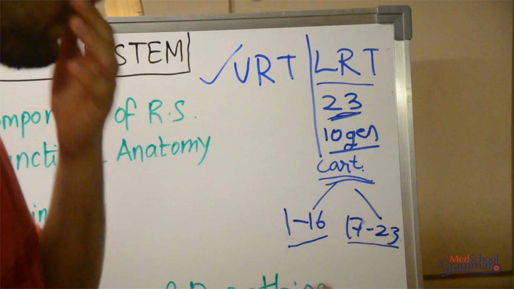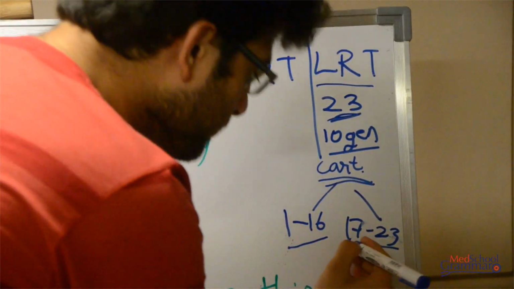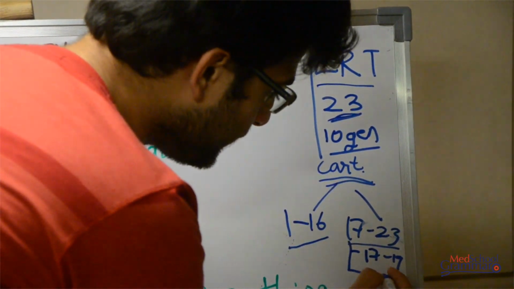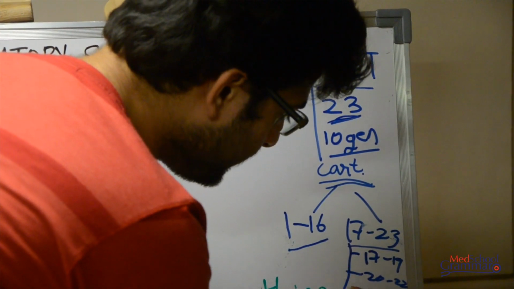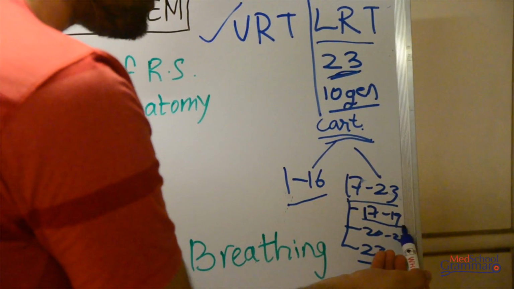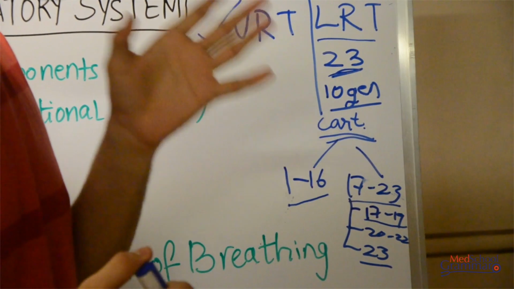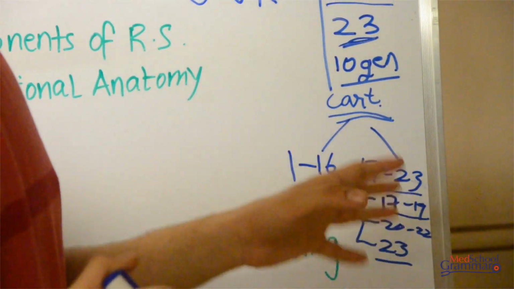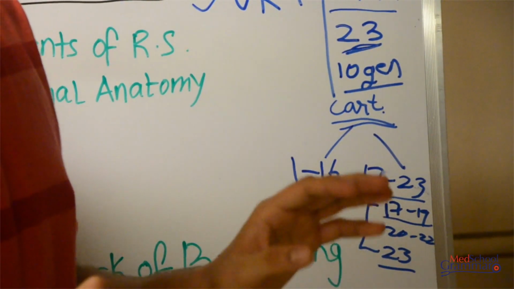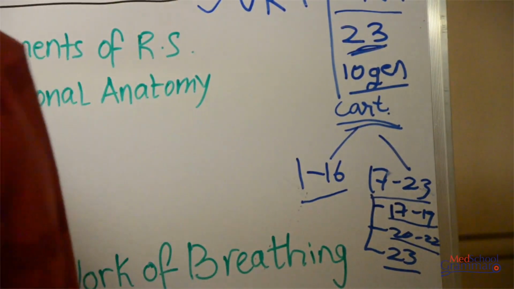From 17 to 23 we can further classify them into 17 to 19, 20 to 22 and the 23rd generation. So I'll tell you what this means. 17 to 19th generations are the respiratory tracts where only some amount of exchange of gases takes place, not much but just a few. 20 to 22 are known as alveolar ducts.